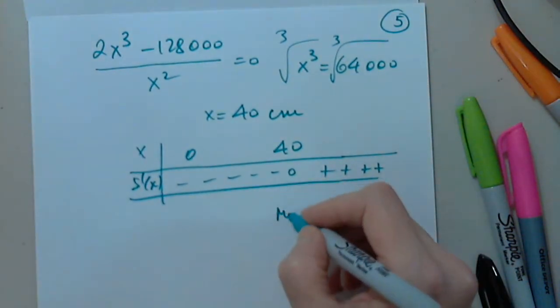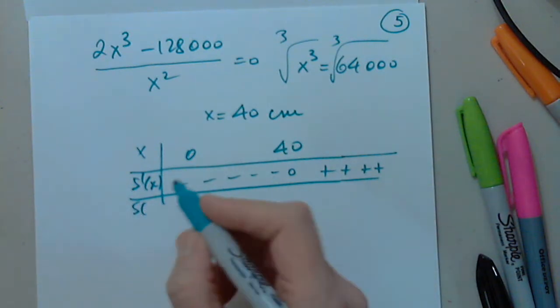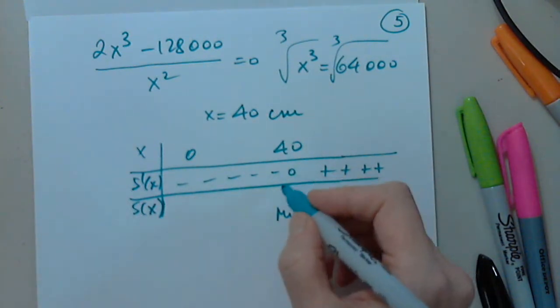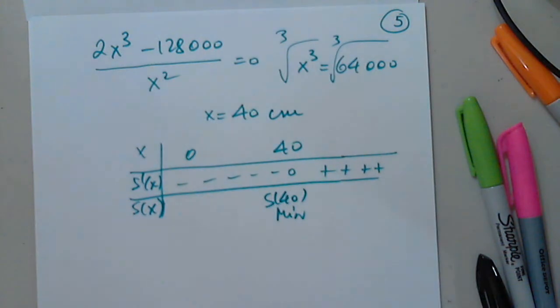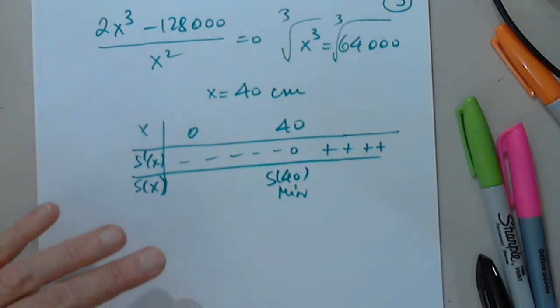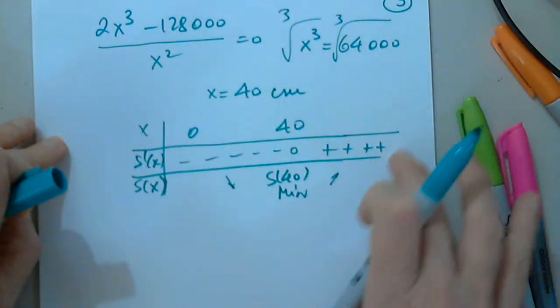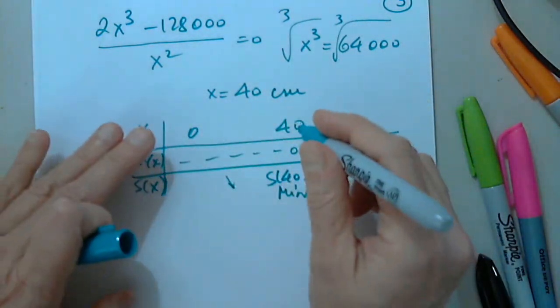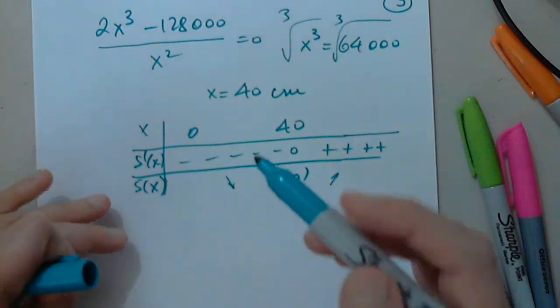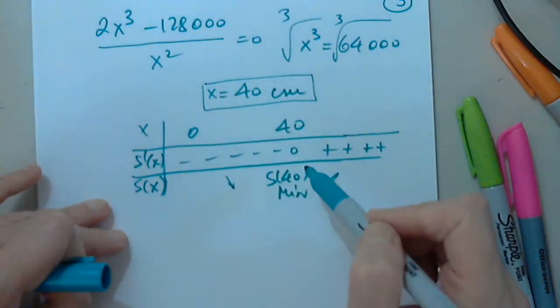So this is typical for a minimum. If I'm asked to find the minimum, then I have to find S of 40. S of 40 will be the minimum. So this is guaranteed to be a minimum, and please remember, I have to show this, or in some way show that this gives a minimum.